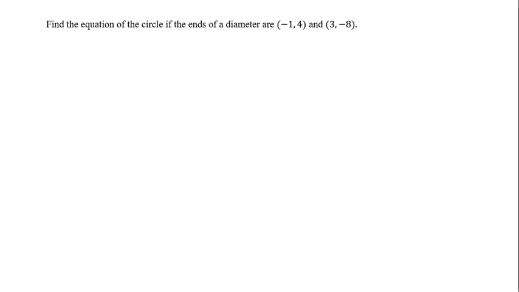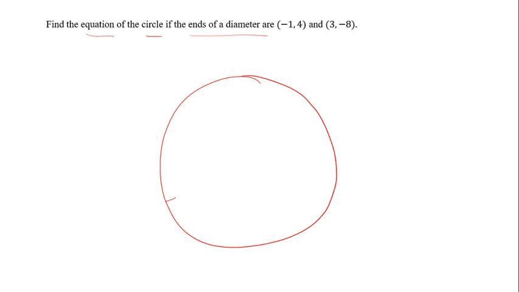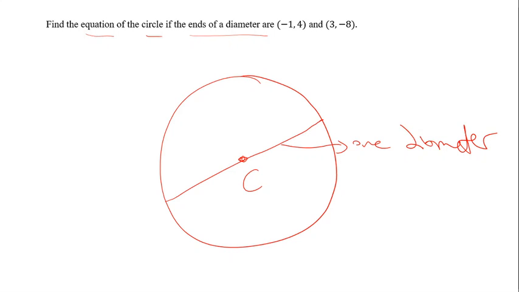Now find the equation of the circle if the ends of a diameter are minus 1, 4, and 3, minus 8. Diameter means here in Arabic qutr. Now the equation of the circle if the ends of a diameter are given. So how many diameters are there in a circle? A diameter passes through the center. This is one diameter, and the other diameter is this one here.